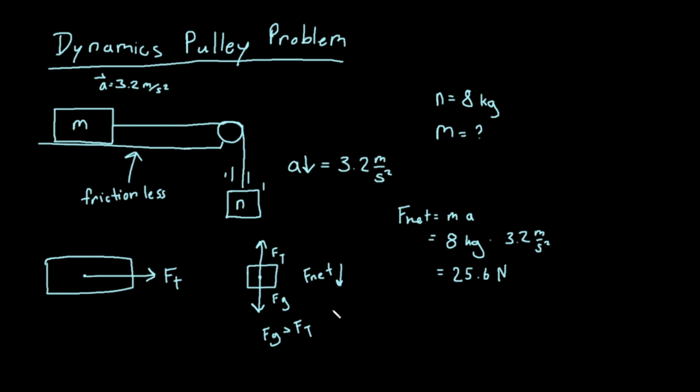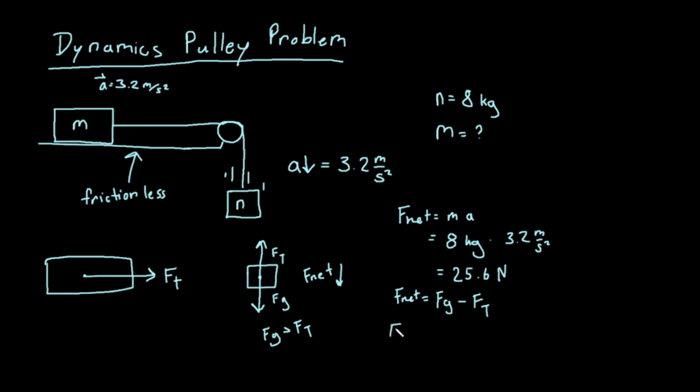As this mass is traveling downwards, it has an Fnet of 25.6 newtons. However, this Fnet is equal to its force of gravity component, which we know is greater than force of tension since it's accelerating downwards. So we know Fnet is equal to force of gravity subtracted by force of tension. Now, we want to isolate for force of tension. So we'd add force of tension to this side and subtract Fnet.